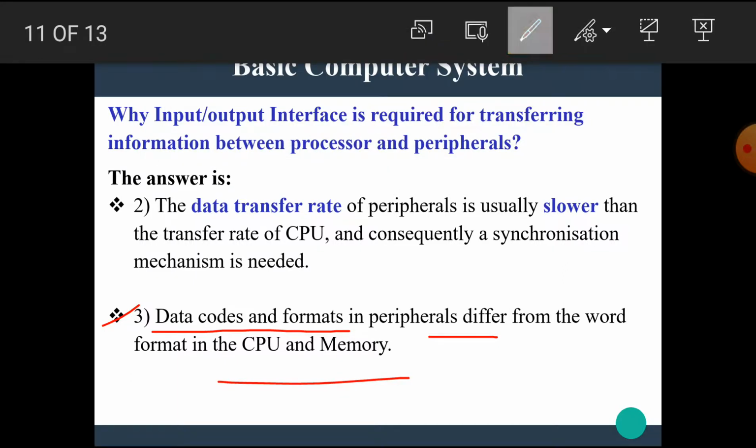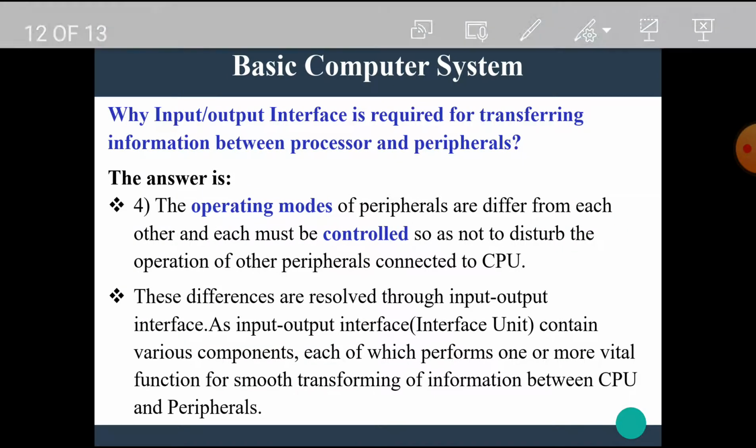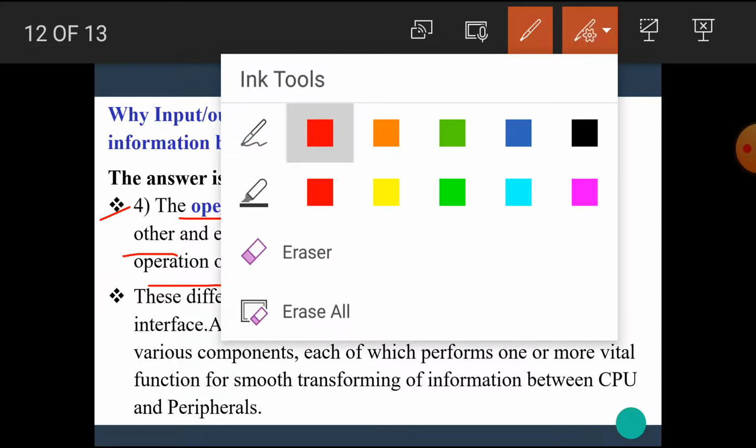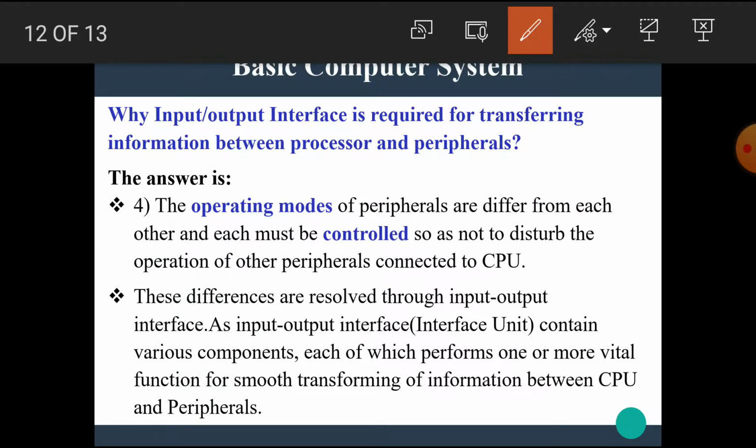Let's see the fourth point: the operating modes of the peripherals are different from each other and each must be controlled so as not to disturb the operation of other peripherals connected with the CPU. That means each peripheral's operating mode is different.